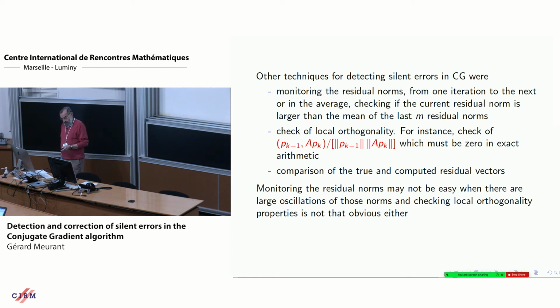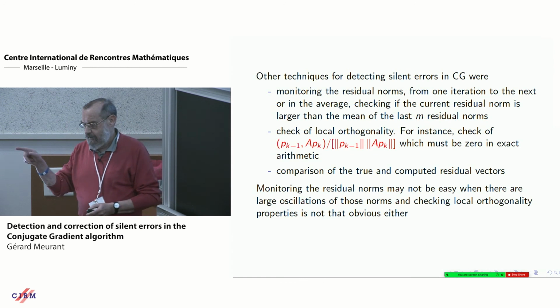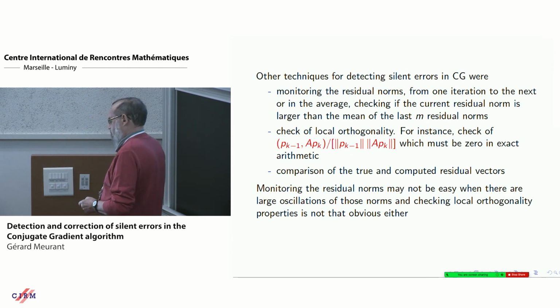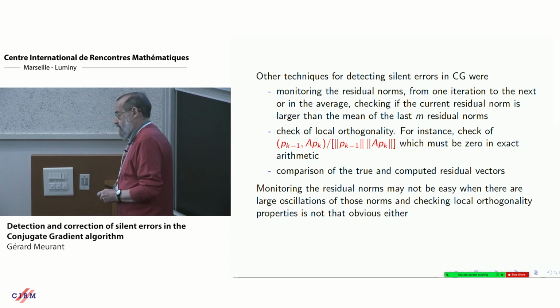Another proposal was to compare the computed residual vector in the algorithm and the true residual, which is b minus A x_k. But in that case, you have to compute the true residual norm, which is a little bit expensive.